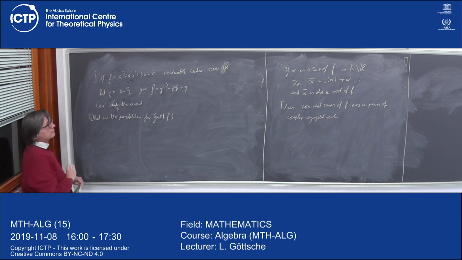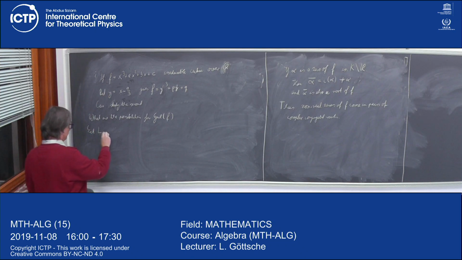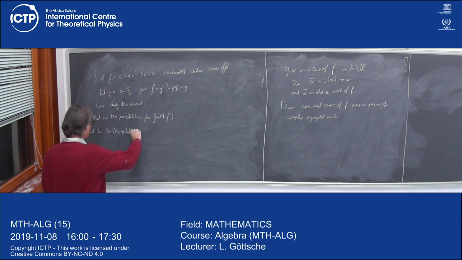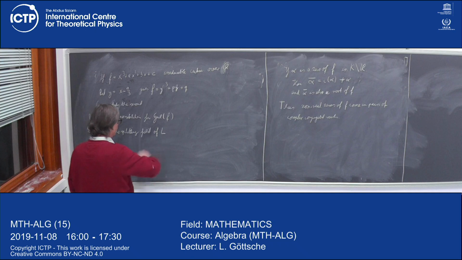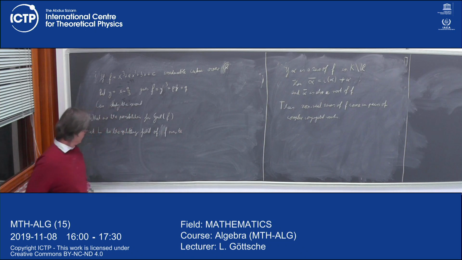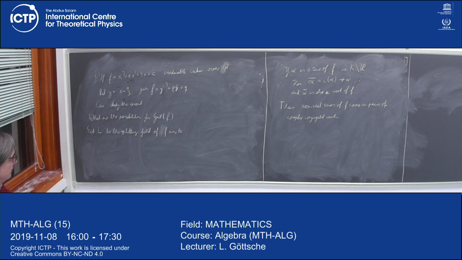So let's look at it. What can happen here? We assumed it's irreducible. So let L be the splitting field of our polynomial f over Q. If you wish, you can assume it as a subfield of the complex numbers.